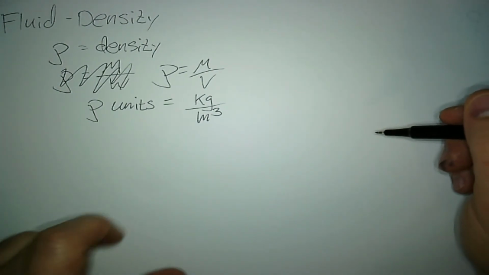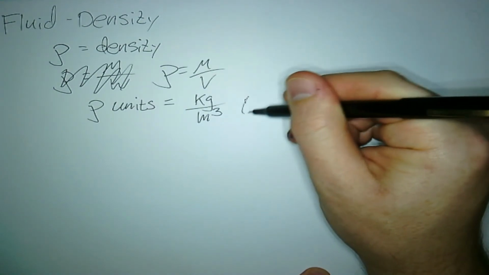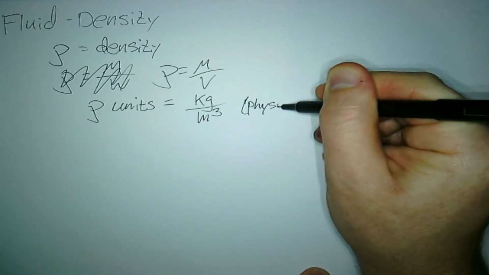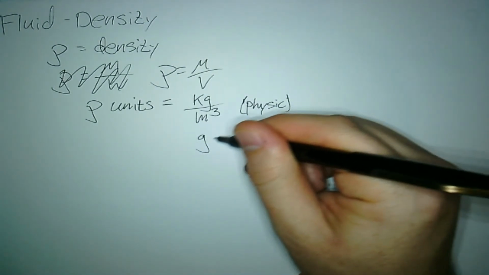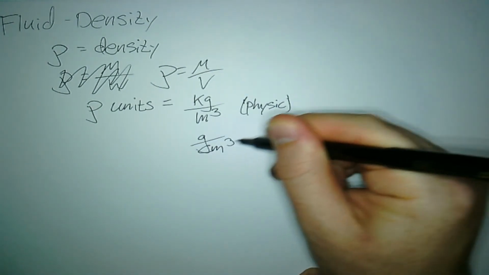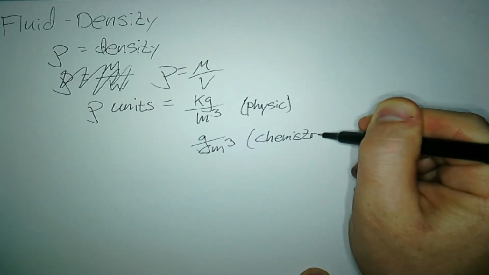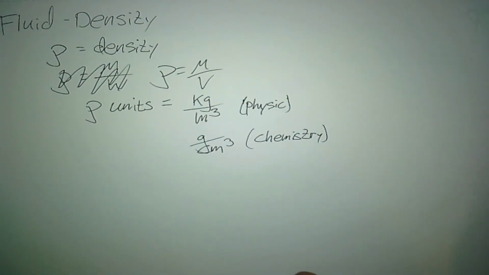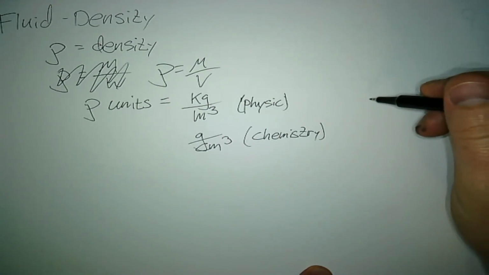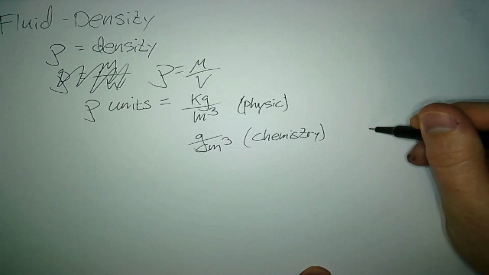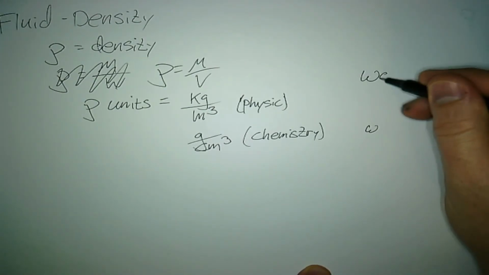If you guys are familiar with doing density in chemistry, most of the time in chemistry they will use units of grams per centimeter cubed, and that is not the same thing. So just be aware of that. For example, a common density you might want to know from physics is water.